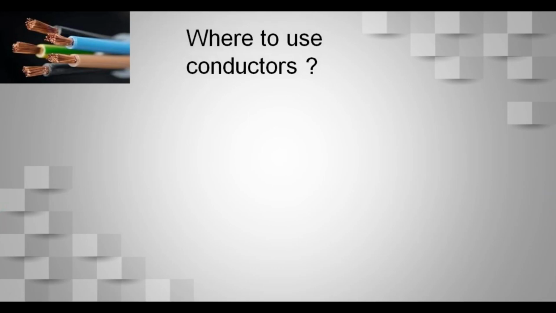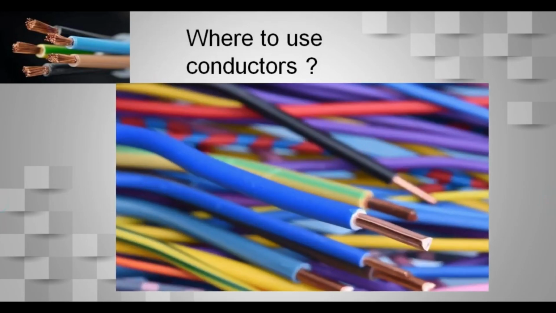Before that, let us discuss conductors and the usage of conductors. Where do we use conductors? We use conductors in our day-to-day life. The wiring inside our house or in offices or any other places is made up of conductors. In wires, there is a metal conductor covered by some plastic material.